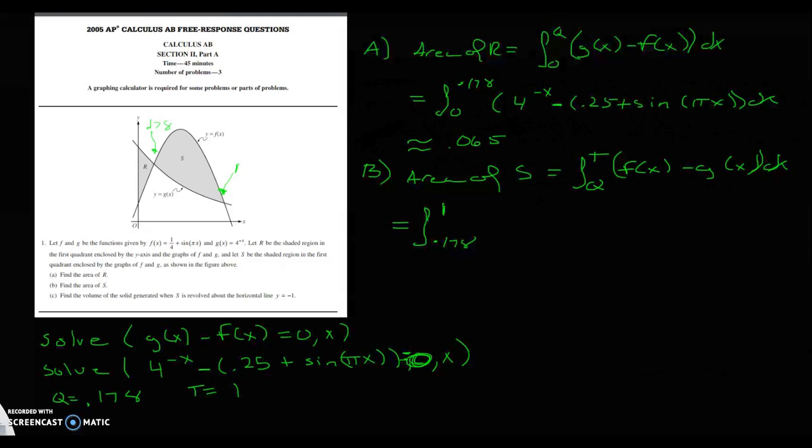Now top minus bottom: top was 0.25 plus sine pi x, minus 4 to the negative x dx. So now you are going to get 0.410.